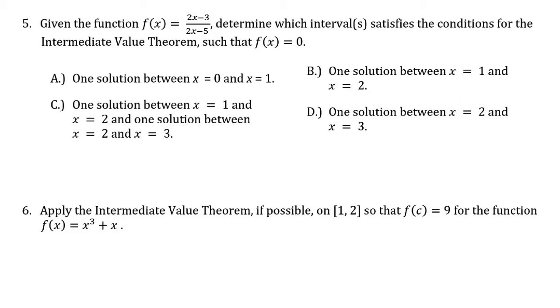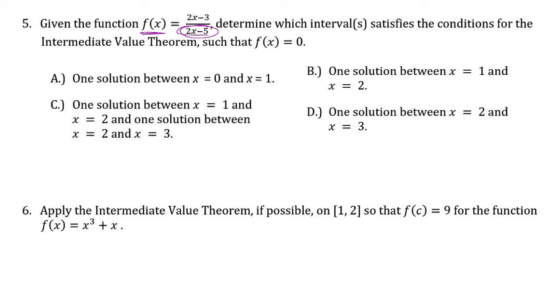All right, so for number 5, notice that we're asked along the same lines, determine on which intervals satisfies the conditions of the intermediate value theorem for f of x equals 0. So it's important to note here that our f of x, we can't just assume it is continuous anymore because we have a rational function.